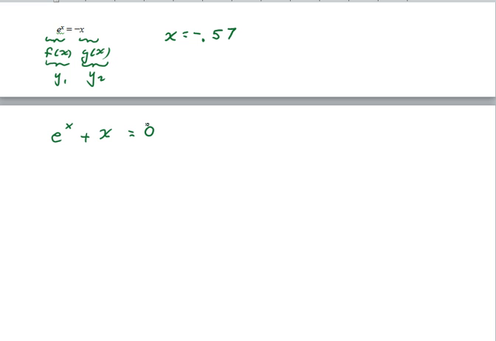Doing that, we get a new function on the left-hand side that we can let equal y1. And instead of using the intersect feature of the calculate menu, we can use the 0 feature. And so let me just illustrate this for you.